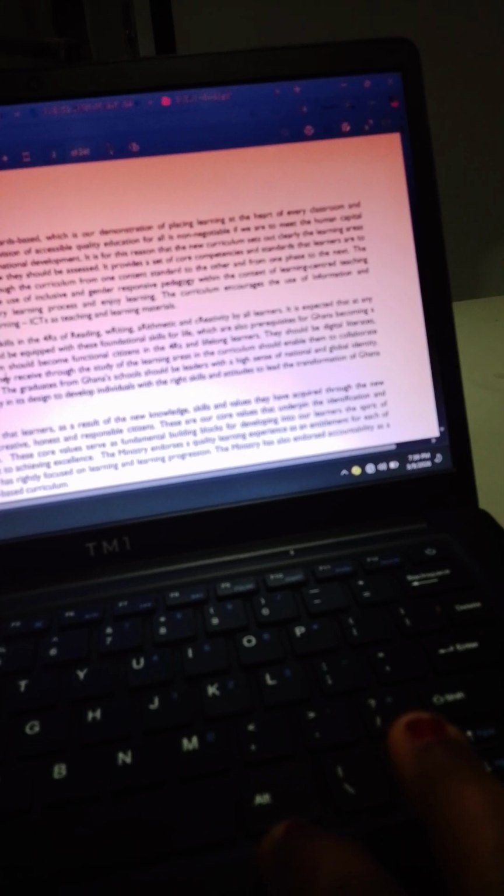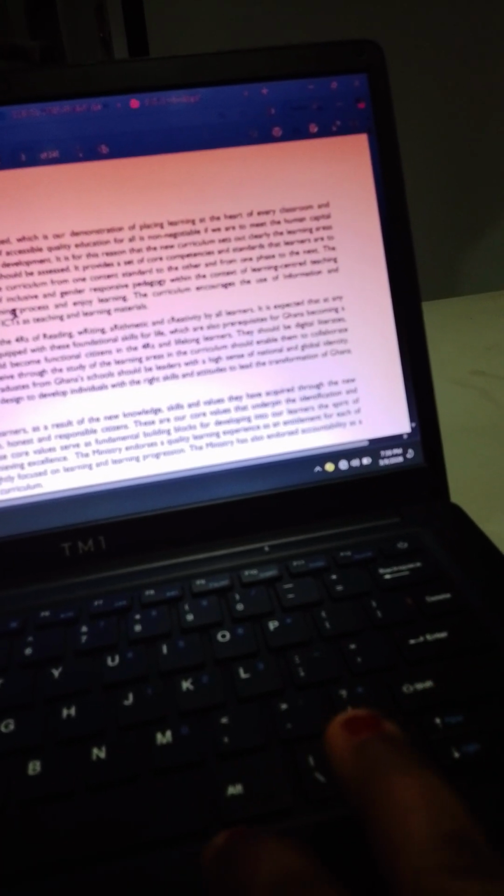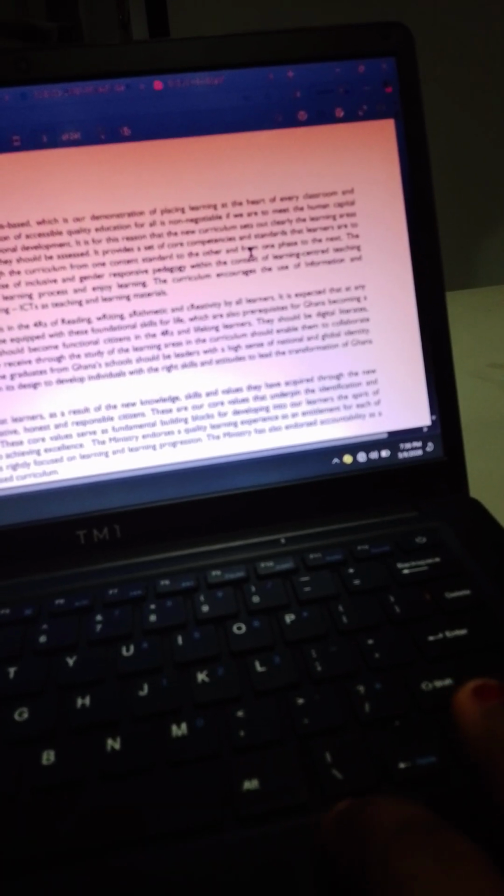It is for this reason that the new curriculum sets out clearly the learning areas that need to be taught, how they should be taught, and how they should be assessed. It provides a set of core competencies and standards that learners are to know, understand, and demonstrate as they progress through the curriculum from one content standard to the other and from one phase to the next.